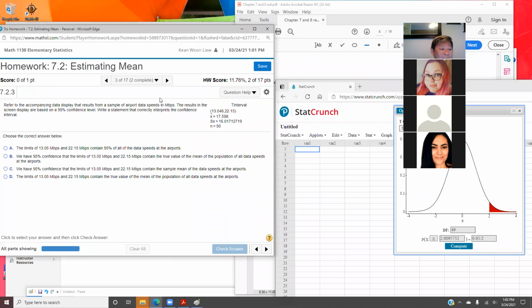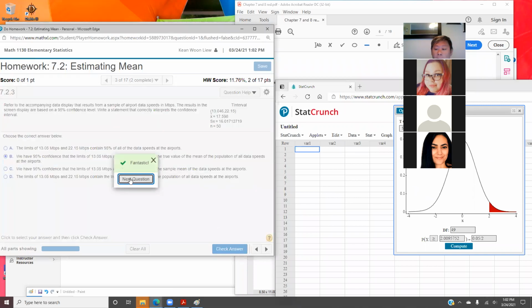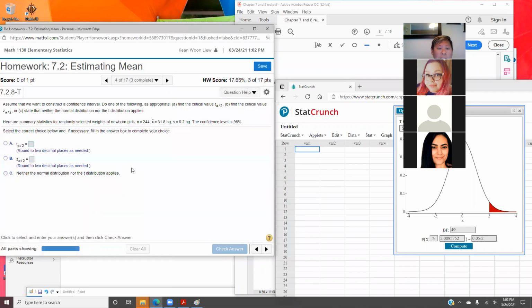That would be B: 95% confidence that this is between, well, the true value of the mean of the population, or population mean. You okay here?